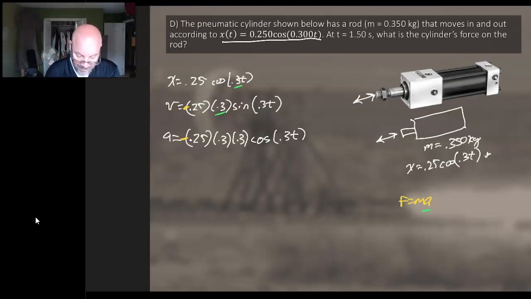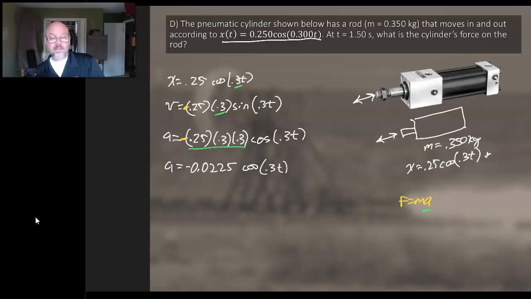When I calculate all of the stuff in front of my cosine, what I'm going to end up getting is negative 0.0225 cosine 0.3t.